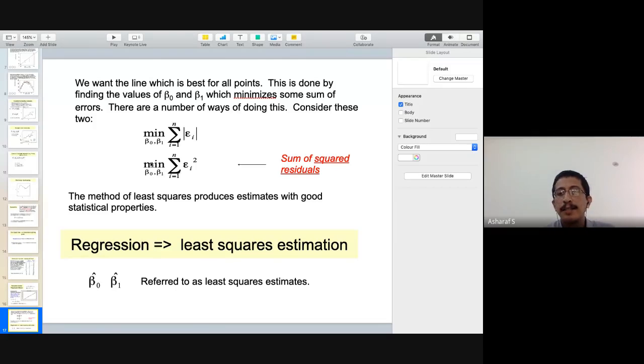My agenda is to find the values of beta 0 and beta 1 in such a way that the sum of squared residuals is minimized, right? Get me those values of beta 1 and beta 0 such that this term, the sum of squared residuals, is minimized. And this approach is called the method of least squares.